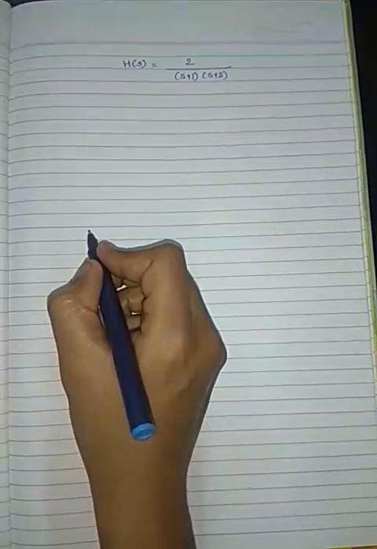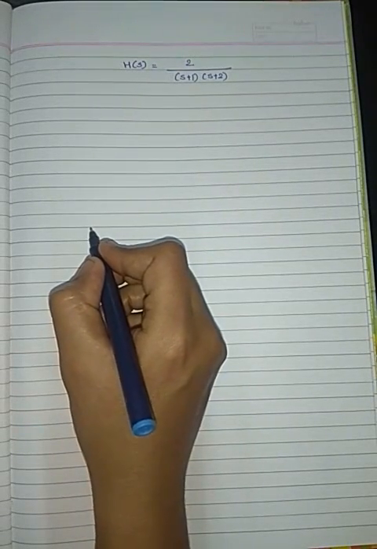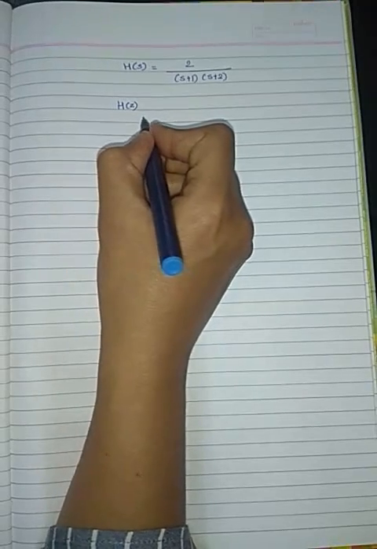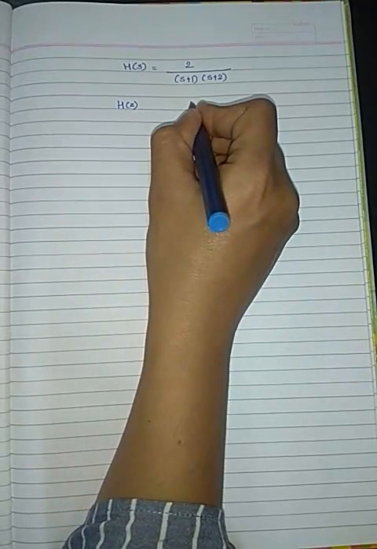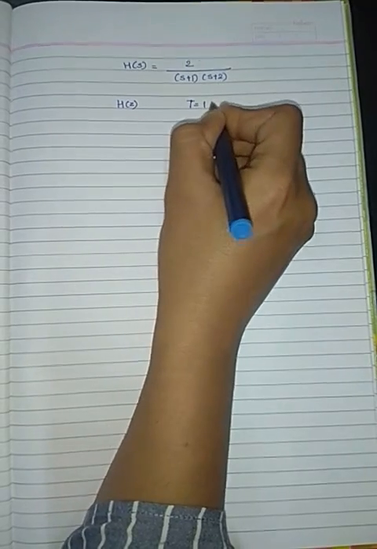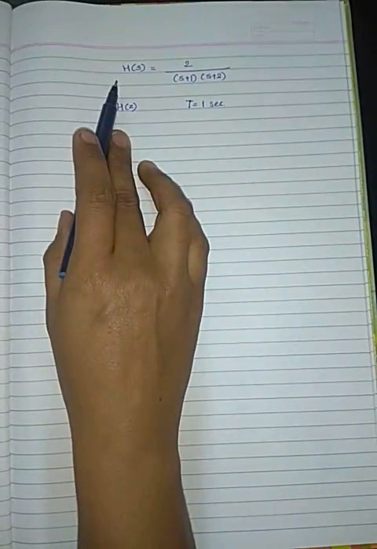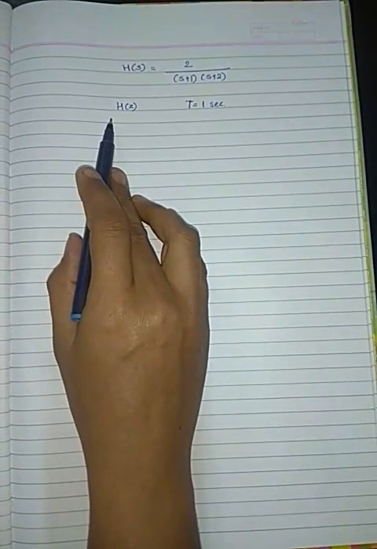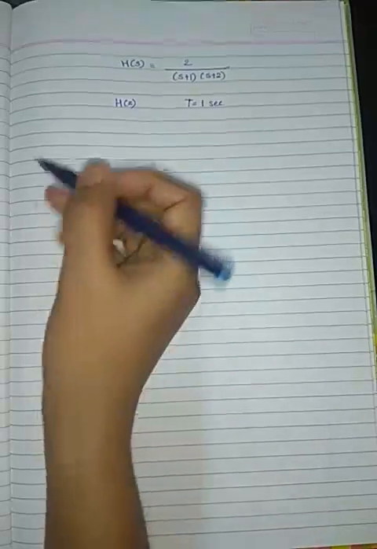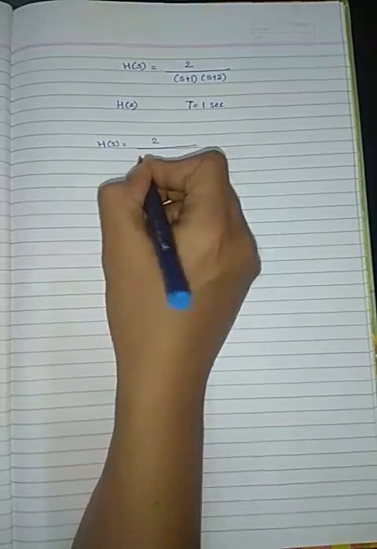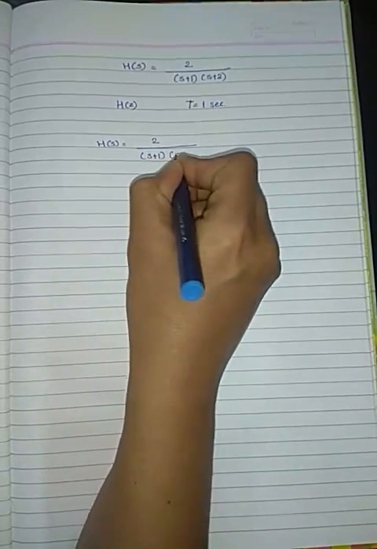Now we have to determine H(z) using the impulse invariant method. We will assume here that T is equal to 1 second, this is the sampling rate. So the analog transfer function is provided and we have to find H(z). Given is H(s) equal to 2 divided by (s plus 1)(s plus 2).